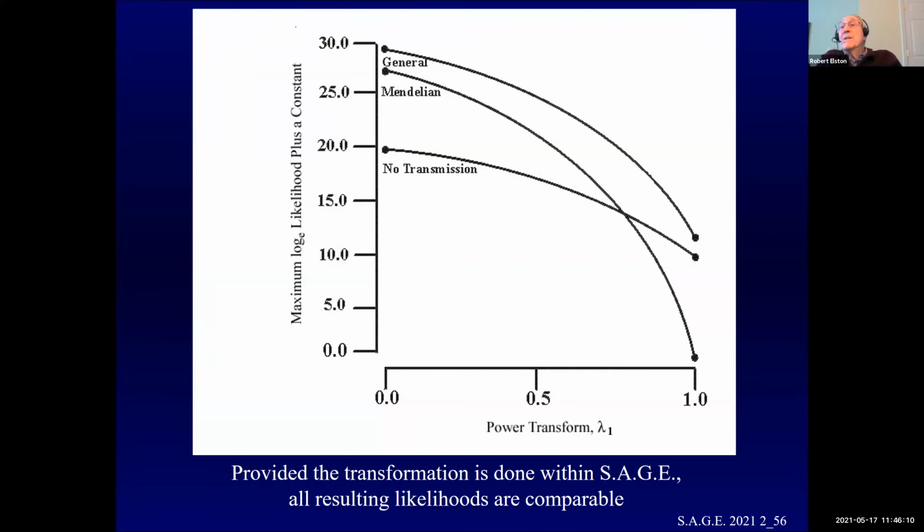And here we see the maximum log likelihood plus some constant. The constant doesn't matter. That's the 1 over square root 2 pi. The constant's the same every time. So along the x-axis, we have the power transform lambda 1. And when lambda 1 is 0, that's exactly the same as the log transform.